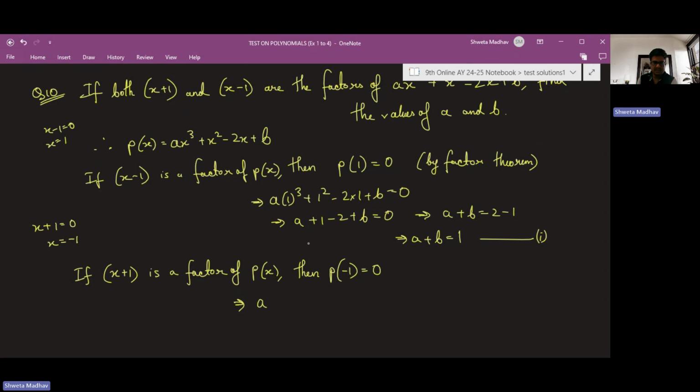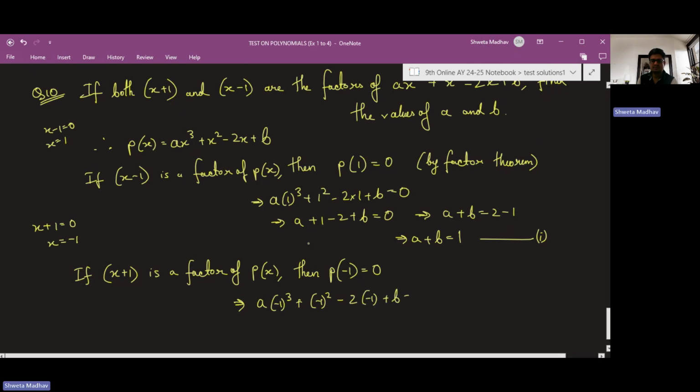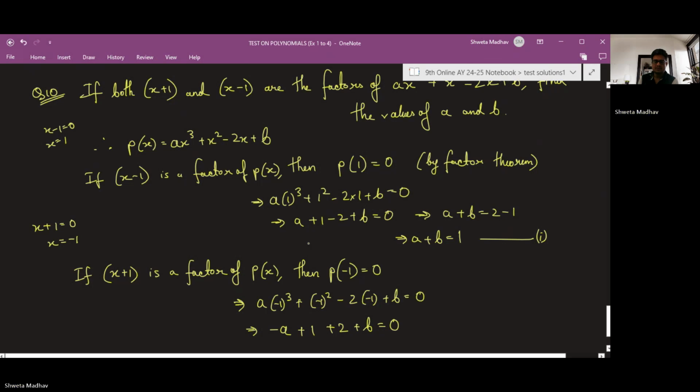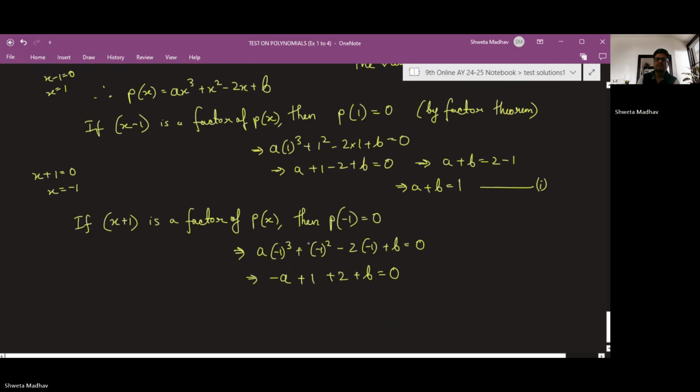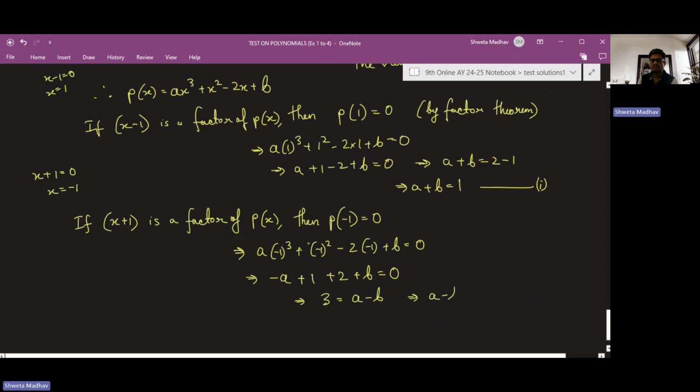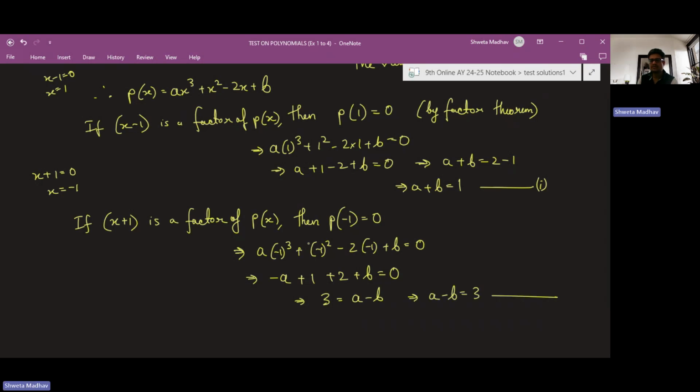So this will be a into minus 1 whole cube plus minus 1 whole square and minus 2 into minus 1 plus b, that should be equal to 0. So here you can say this would be minus a plus 1 plus 2 plus b equal to 0. So then 3 will be equal to a minus b. That means a minus b should be equal to 3, which is our equation 2.